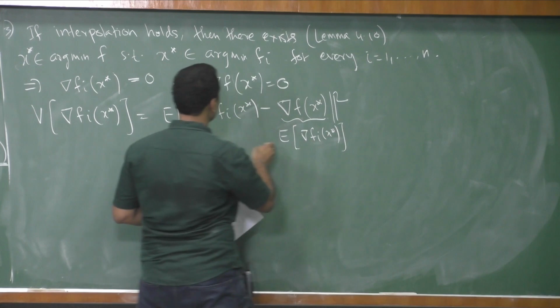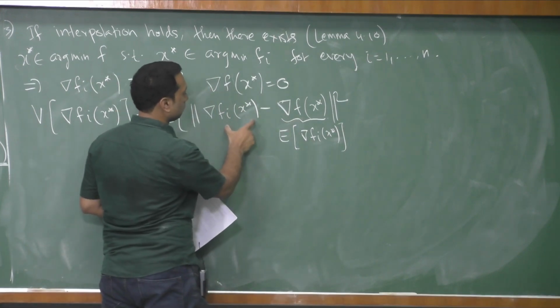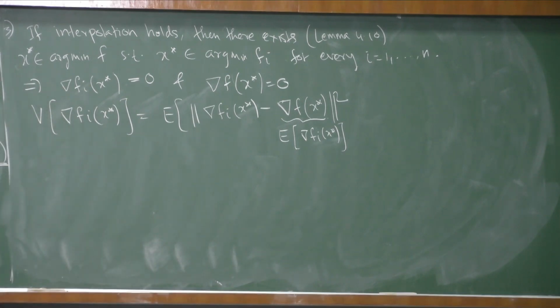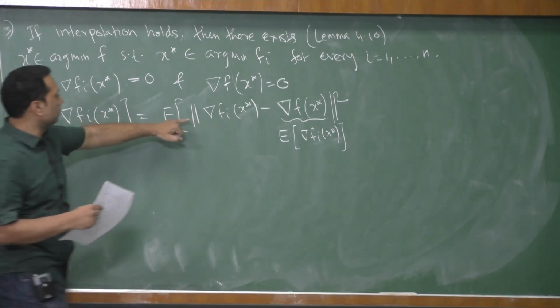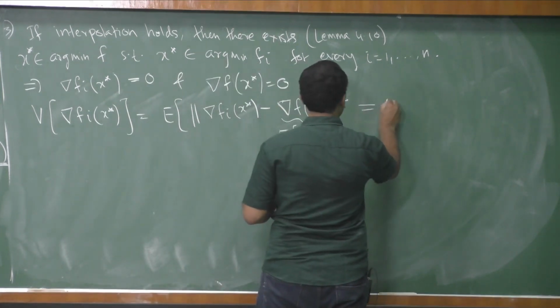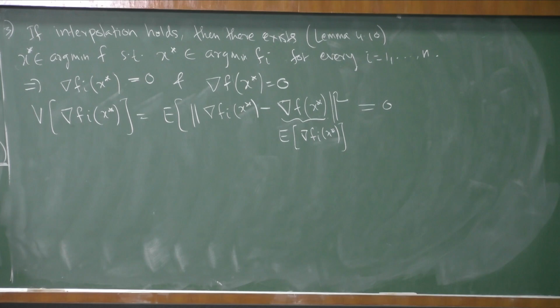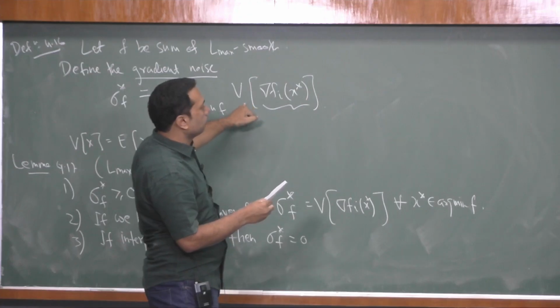The variance is defined to be this minus the expectation of this, whole square, but the expectation happens to be the gradient of f. So that's what we did, and then since these grad fi's are 0, this expectation is supposed to be 0. And again, by the same argument, basically this is 0 directly.